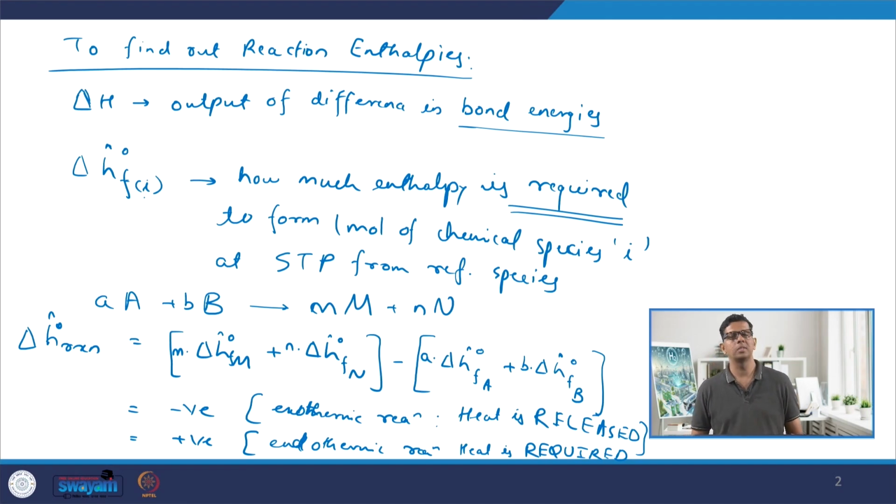If this comes out negative, the enthalpy of the reaction is negative, which underlines that it is an exothermic reaction and heat will be released. Whereas if the enthalpy of the reaction is positive, it is an endothermic reaction and it will require energy to proceed.